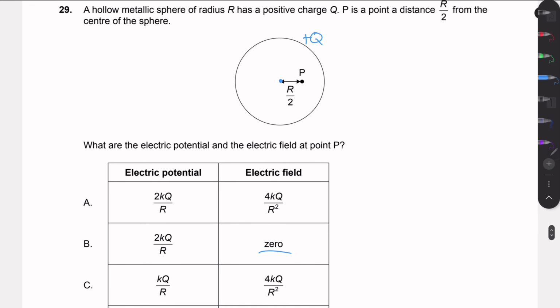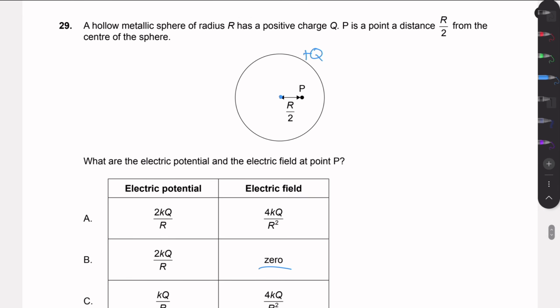So this again is something you just have to remember, because the derivation for why the electric field inside a charged metal sphere is 0 is beyond the syllabus. So there isn't really any tool we can use to understand this. That's why it's simply required to remember this fact, as IB can ask this.